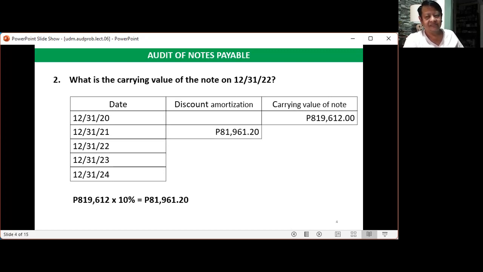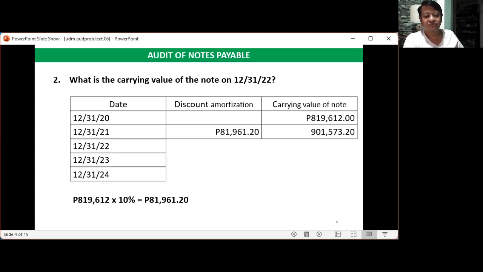We will add this amount to the carrying value of the note. So after adding, the carrying value of the note on December 31, 2021 is 901,573.2. So why did we add 81,961.2? Because 819,612 is the present value.